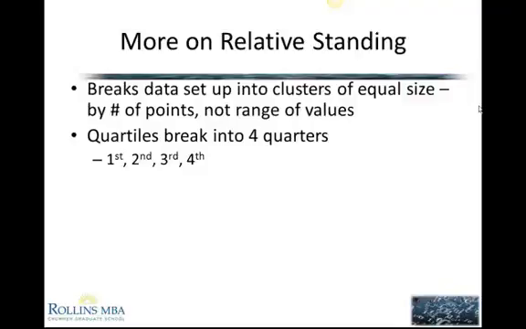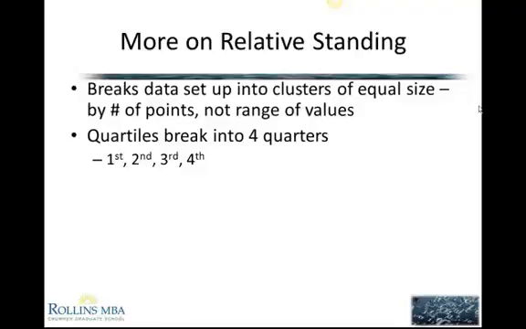So if I have 1,000 observations, I'm going to look at the lowest or smallest 250 observations, then the next 250 observations, then the next 250 observations, if I have them arranged in order from low to high. So my first quartile value would be that value that separates the lowest quarter of observations from the next lowest quarter of observations.